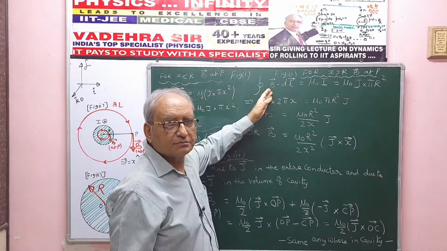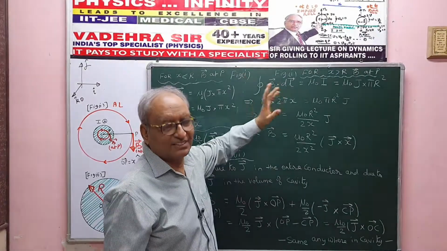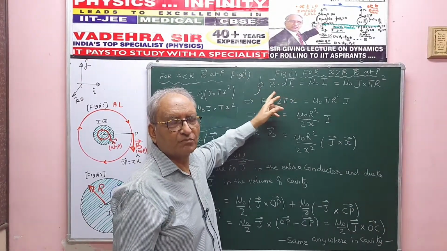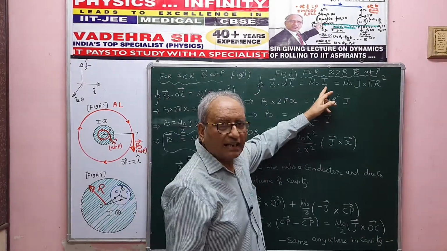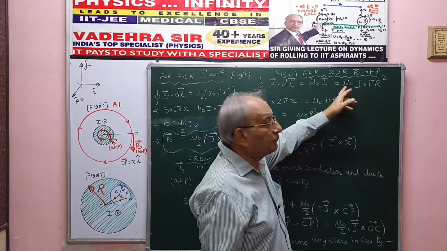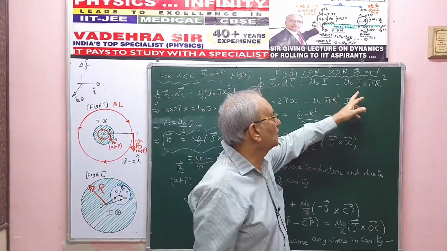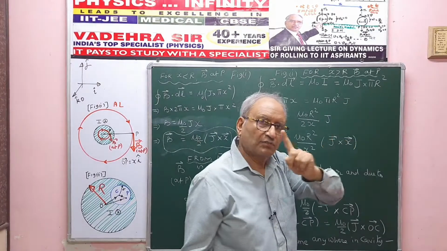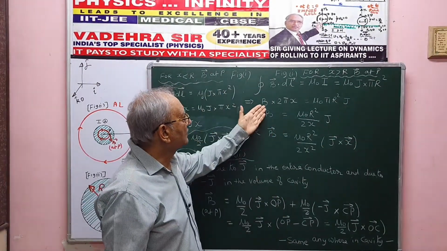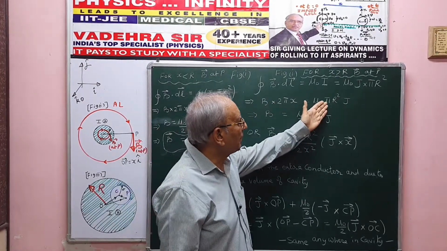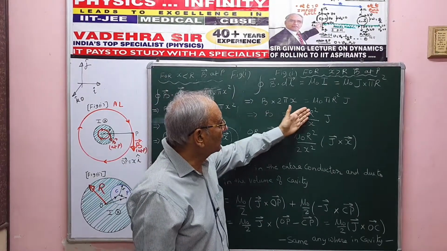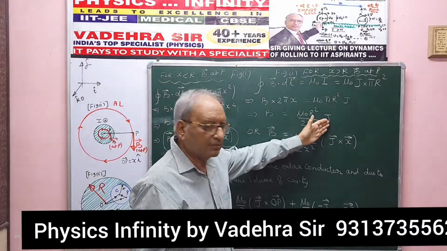The loop rule says the circulation of B, the loop integral of B dl, is mu naught I, where I is the net current inside. The whole current is inside, so I put it in current density form: mu naught J into pi R square, where R is the radius of the cylindrical wire. This gives B into 2 pi x equals mu naught pi R square J. Adjusting, B equals mu naught R square upon 2x, times J.